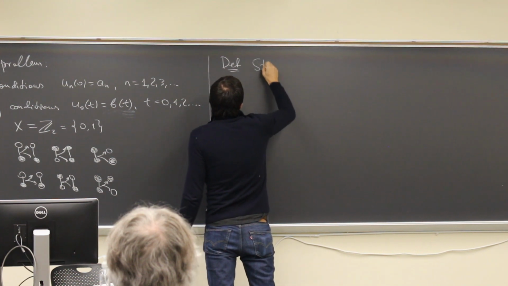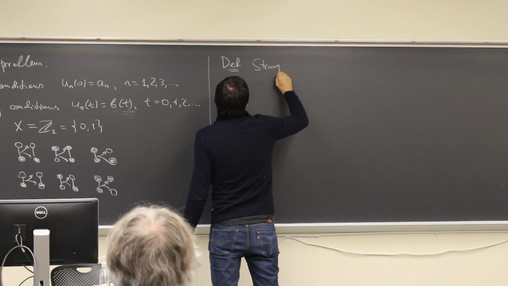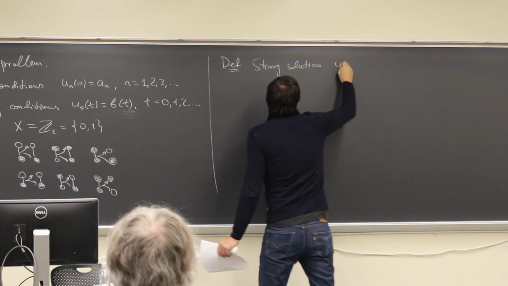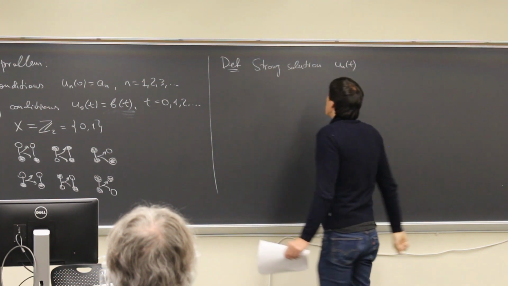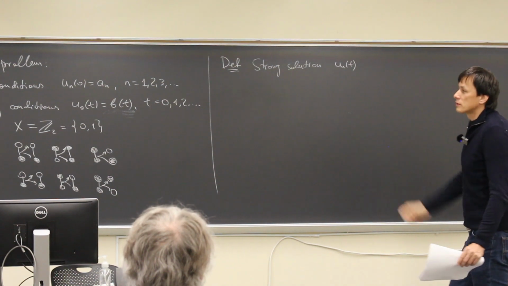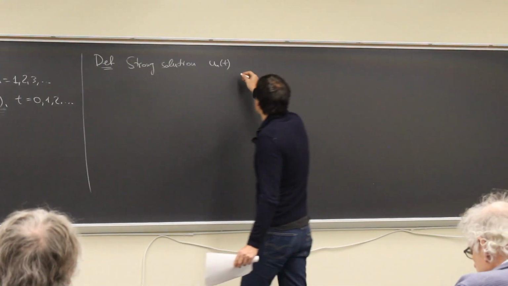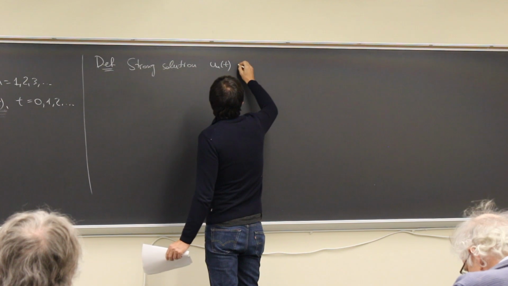First of all, strong solution. So u(t) is a strong solution if it satisfies the equations at every point, the initial condition, and the boundary conditions.